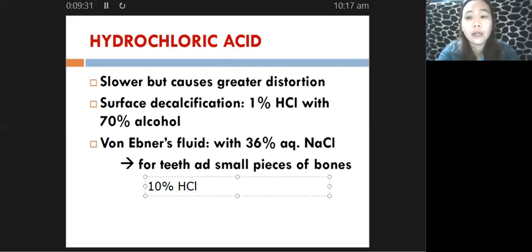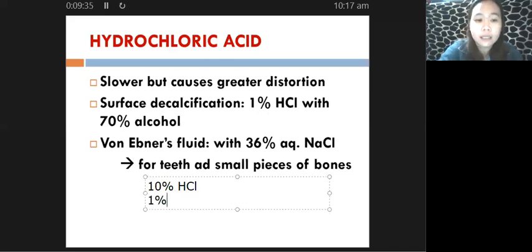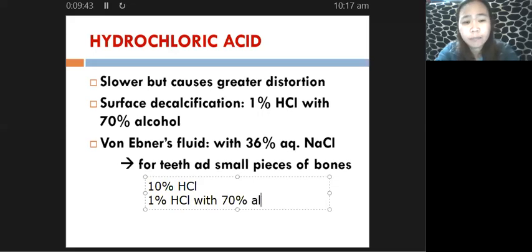So aside from your 10% hydrochloric acid, 1% hydrochloric acid with 70% alcohol can also be utilized for surface decalcification. Okay, so that means for surface decalcification, we can utilize two. I have mentioned two already, two solutions.